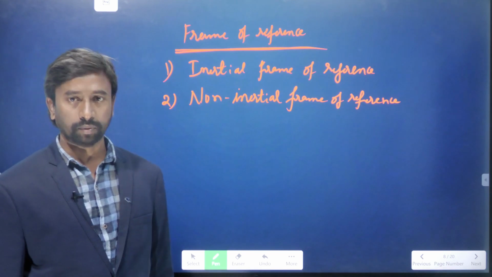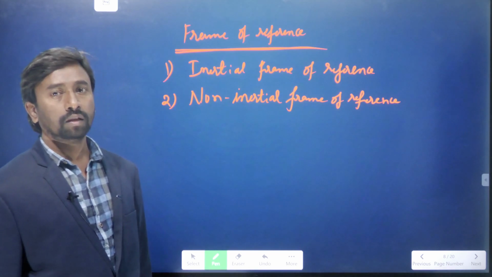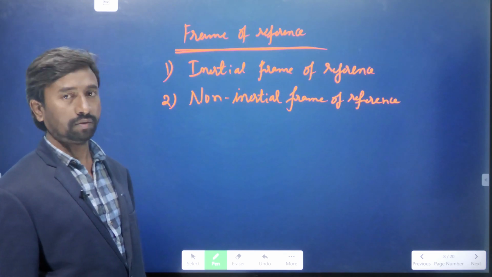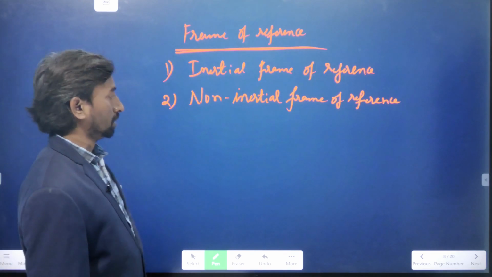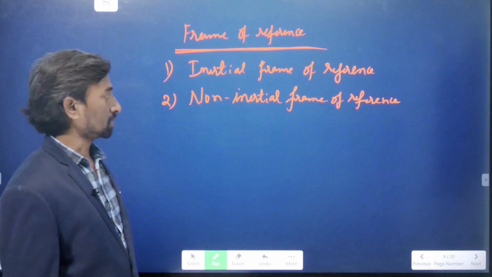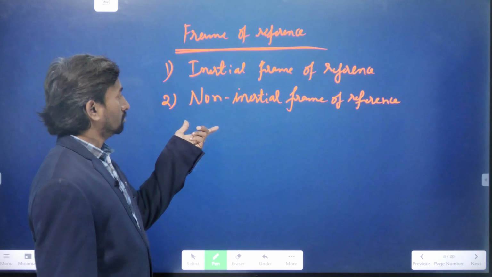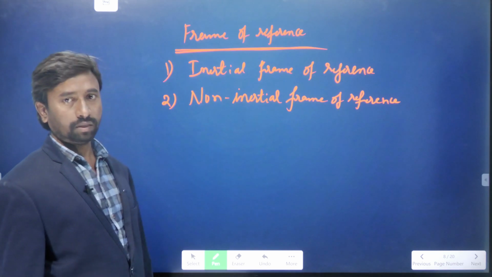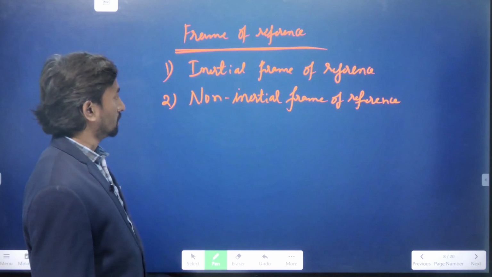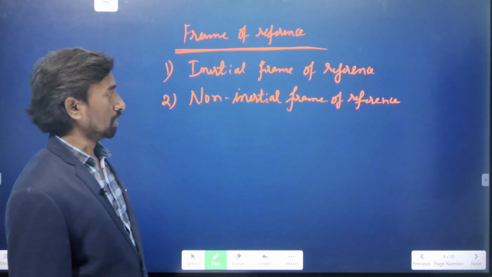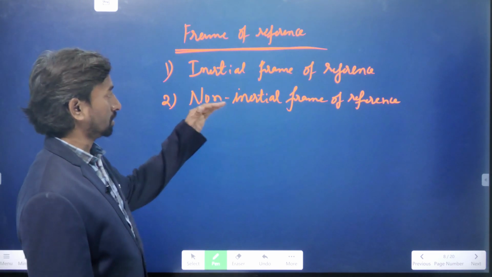Suppose you are traveling in a lift up and down. If it is moving with different speeds, it means the acceleration will be different. In that case the motion of the body will be different, and we cannot apply Newton's second law. Newton's laws of motion cannot be applied in non-inertial frames.